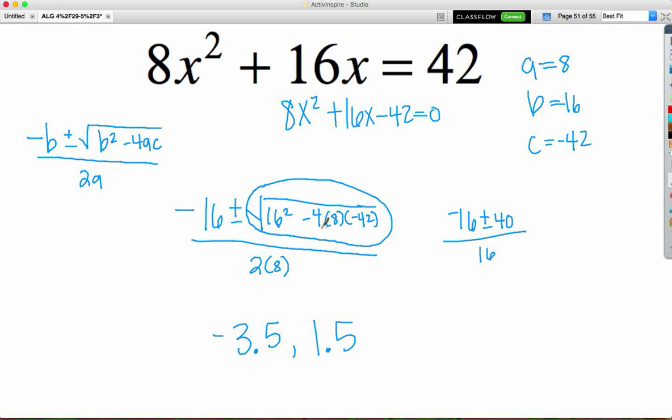Okay, well, what's underneath the radical? When you put all that in, you come out to get just 40. So you got negative 16 plus 40 divided by 16, and then negative 16 minus 40, which is negative 56, divided by 16. How did you get such large numbers? Did you mess up on your signs, plugging them in or something? I don't know. That could be it.